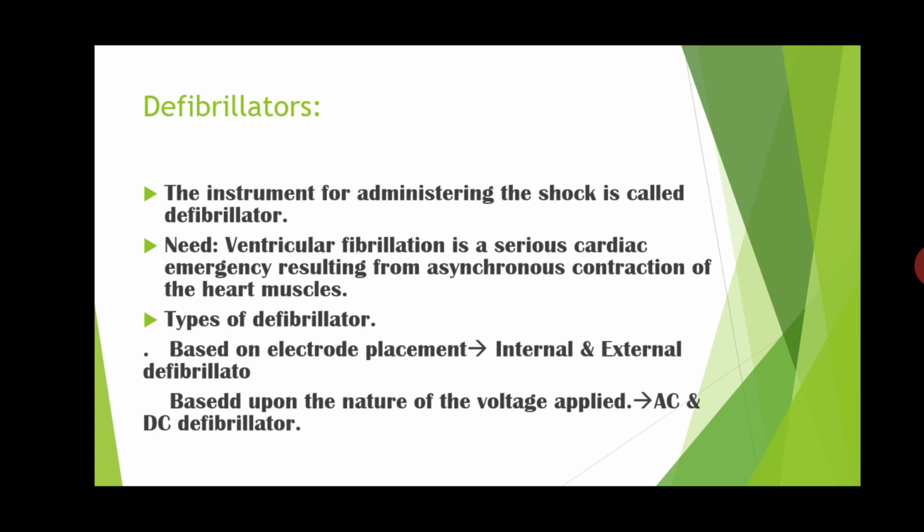Ventricular fibrillation can be converted into a more efficient rhythm by applying a high energy shock to the heart. So, which instrument is used for the treatment of fibrillation? Means the instrument for administering the shock is called a defibrillator.